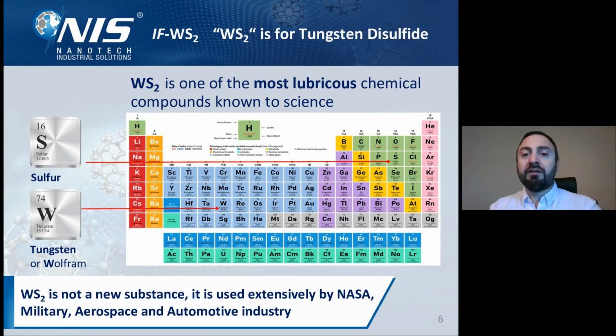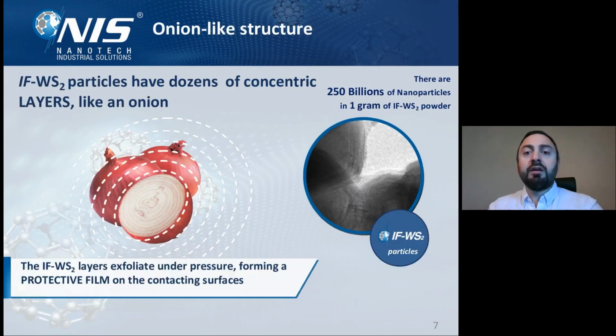So tungsten disulfide, that you see from this slide, you can see the periodic table. You can find tungsten, which is W or wolfram, and sulfur is S. Onion-like structure is also used for describing tungsten disulfide fullerene-like particles because of the multi-layer and spherical shape of it.